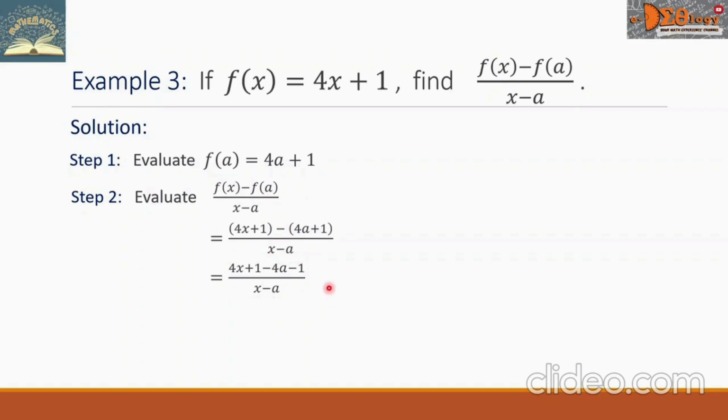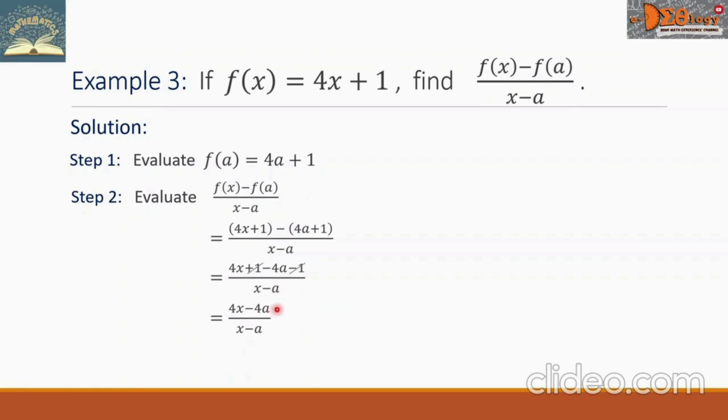Let's combine like terms. Look at the plus 1 here and there is a negative 1. So that means we can cancel it out. It becomes 0. Then we collect the remaining terms. These are the 4x minus 4a all over the denominator x minus a.